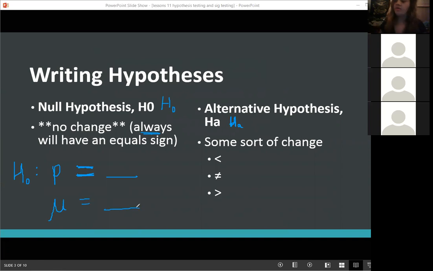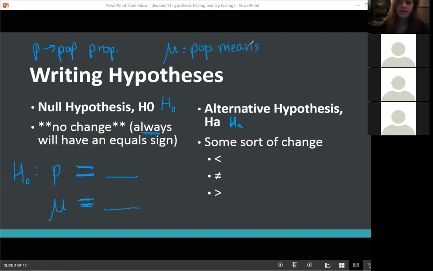Those are really the only two options for writing null hypotheses, because first of all, it always has to have the equal sign. And also, remember, we always have to use our population parameter symbols. So remember that p is for population proportions, and mu is for population means.